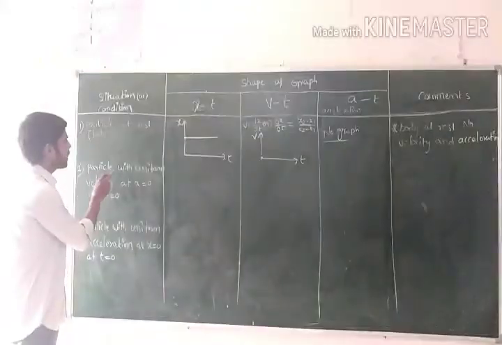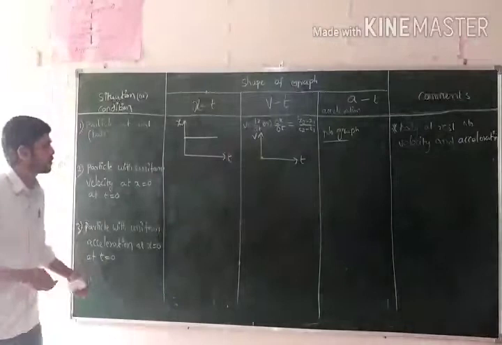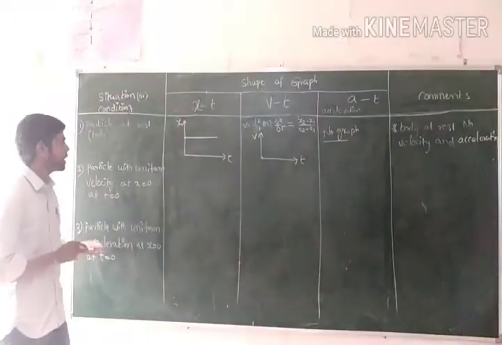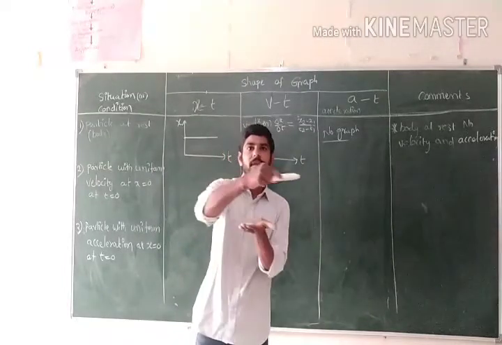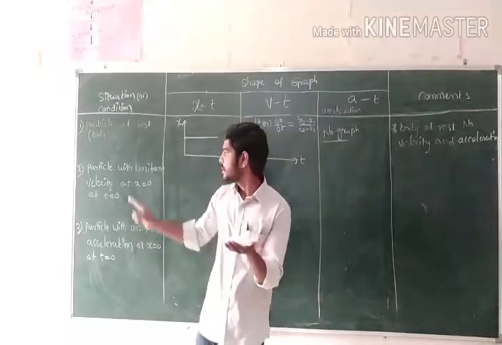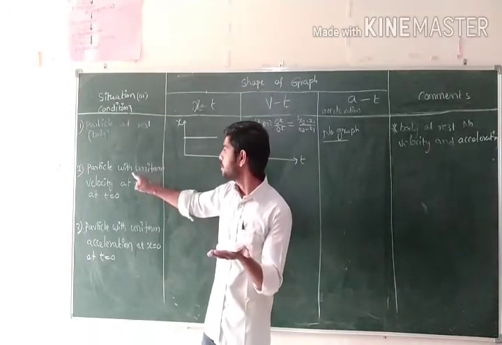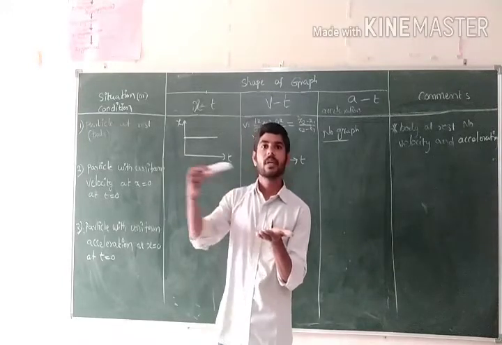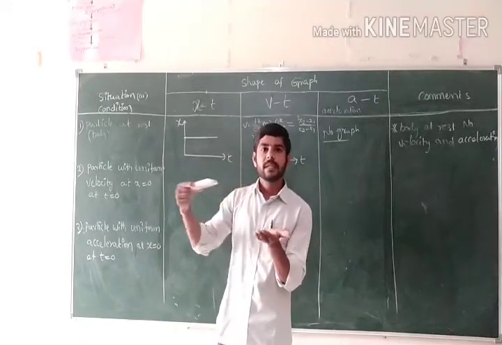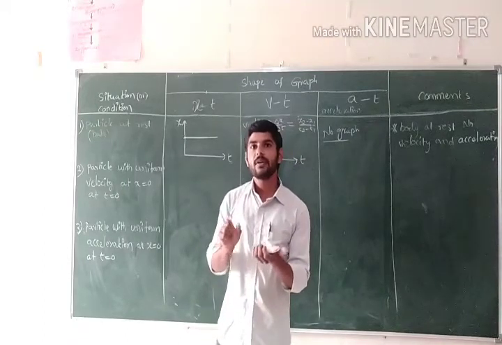Next, particle with uniform velocity at x equals 0, t equals 0. Now the particle starts moving. The body is moving, and that moving case should be uniform. Uniform means constant. For suppose a car or body is moving at 10 kilometers per hour constantly, or a bike is traveling at 50 kilometers per hour, carrying constant speed or velocity.